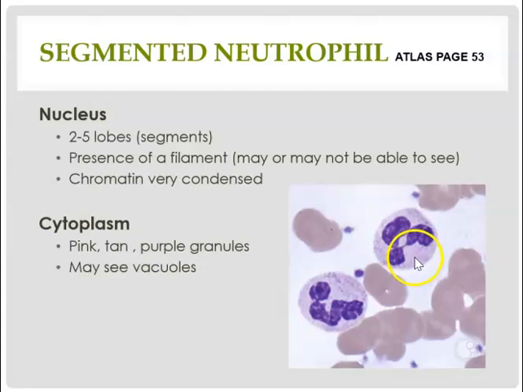So it's going to be this very light color, and you may see vacuoles. A mature basophil is going to look different, and a mature eosinophil is going to look different than this mature neutrophil. And we'll look at those later on in another PowerPoint.